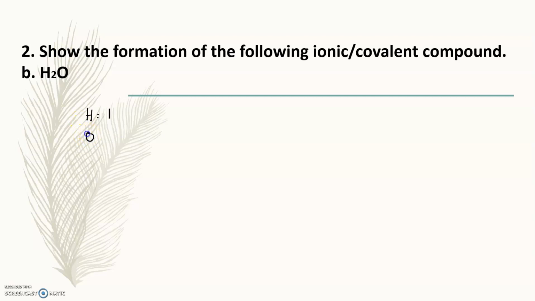And then oxygen is group 16, so 6 valence electrons. So there are two hydrogen atoms and one oxygen, from group 1 and group 16, so it will form a covalent compound by sharing electrons.